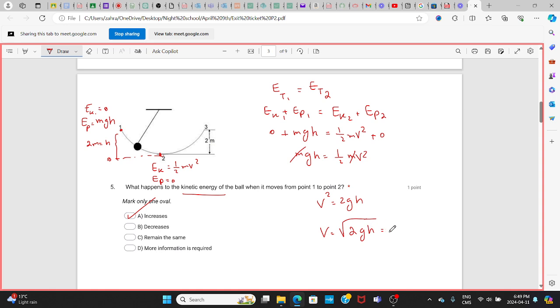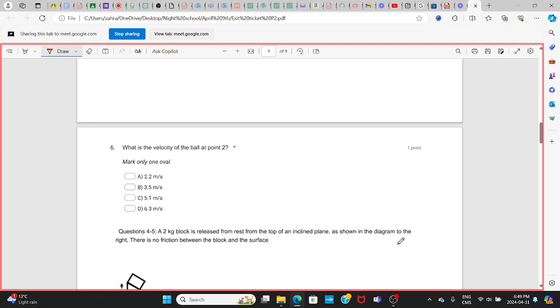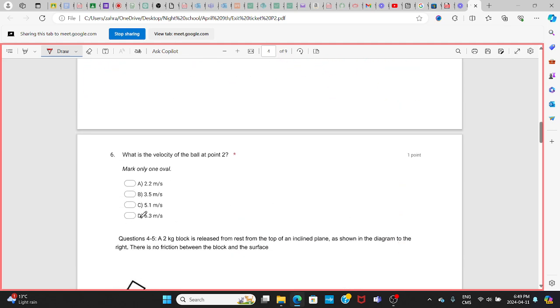For convenience, I take g to be 10. 2 multiplied by 10 instead of 9.8, but let's say I want to make this calculation easier. This is a multiple choice question. It's 40, right? And if I look at the solution, it seems to be, could be the last one, right? The square root of 40. Okay?